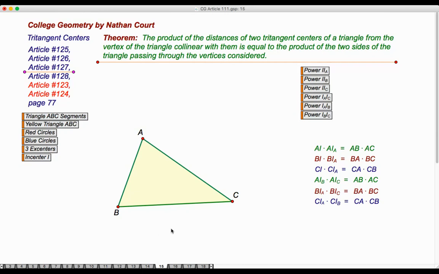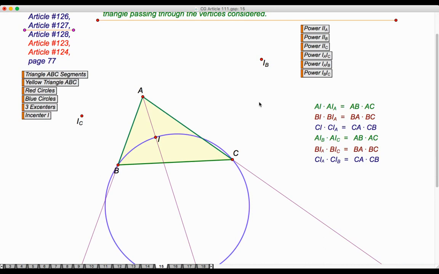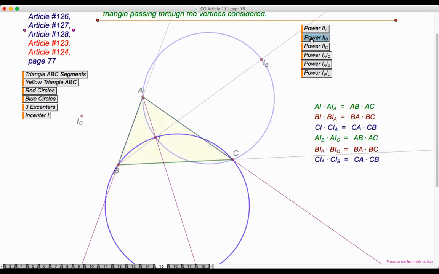If we summarize it, here's the thing that we've got. So again, we know that AI times AI sub A is equal to AB times AC. And that's the same true for this one as well.